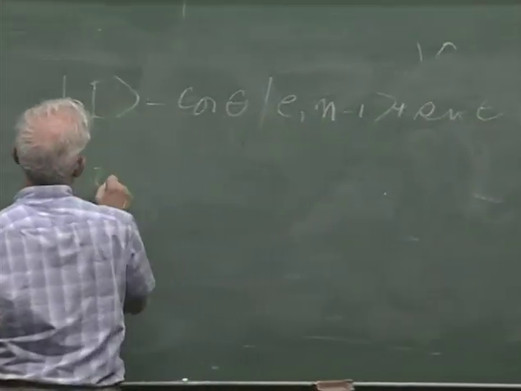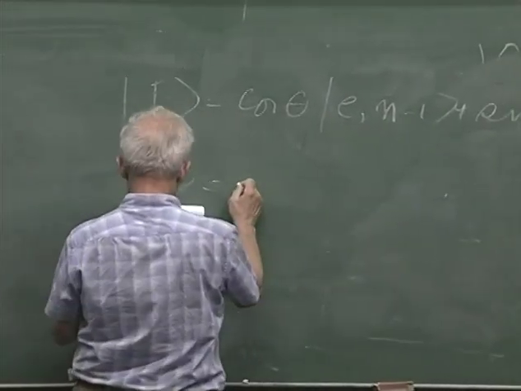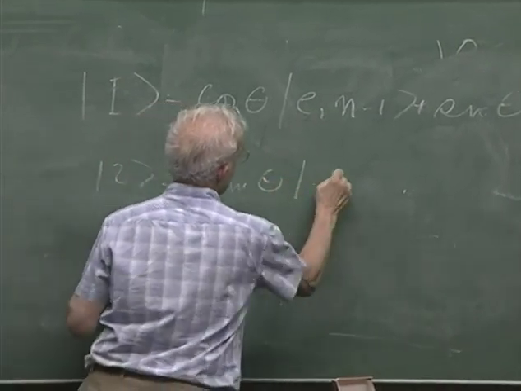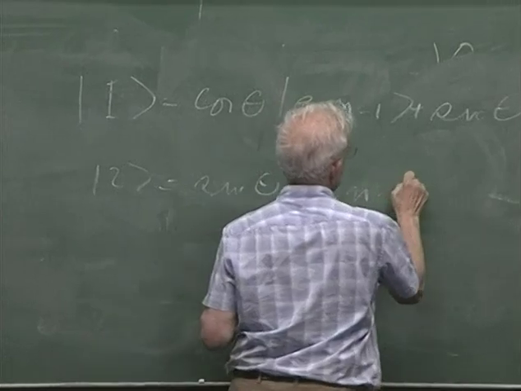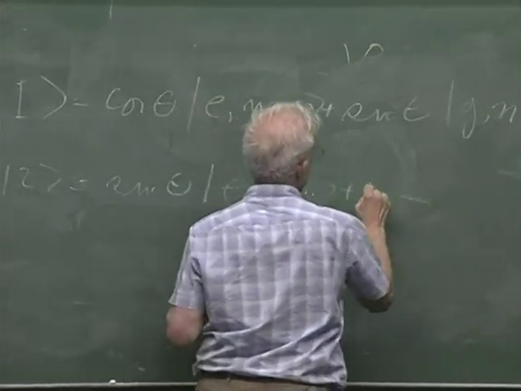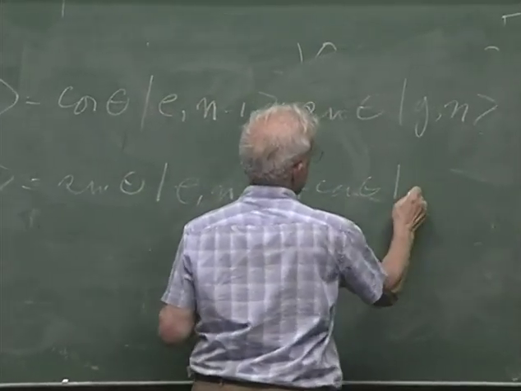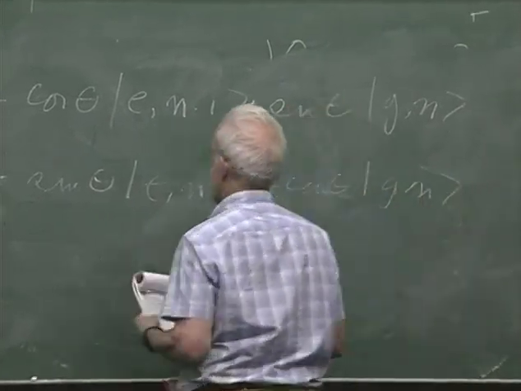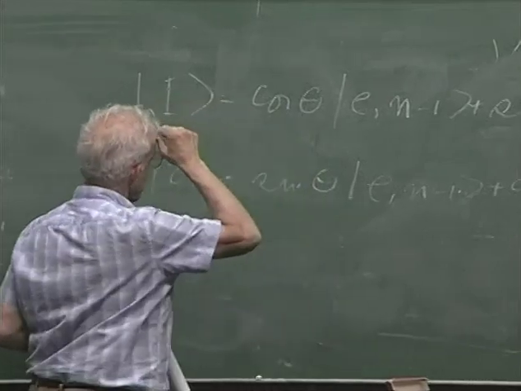And the state 2 over here is just equal to the sine theta of E and n minus 1, plus the cosine theta of the ground state and n. So this is a mixing angle between them.